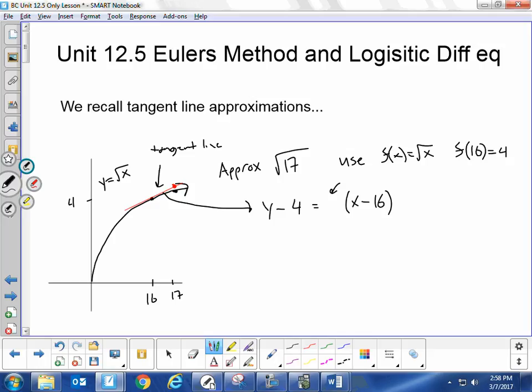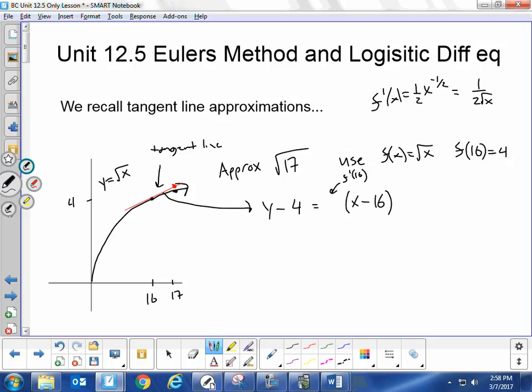It's the slope of the tangent line. How do we find the slope of tangent lines? We use derivatives. So this is going to be f prime of 16. Well, let's recall how to find the derivative. We've been taking integrals a lot, but we're back to derivatives now.